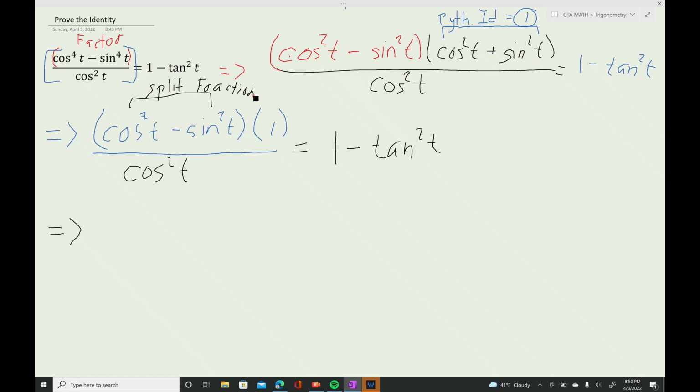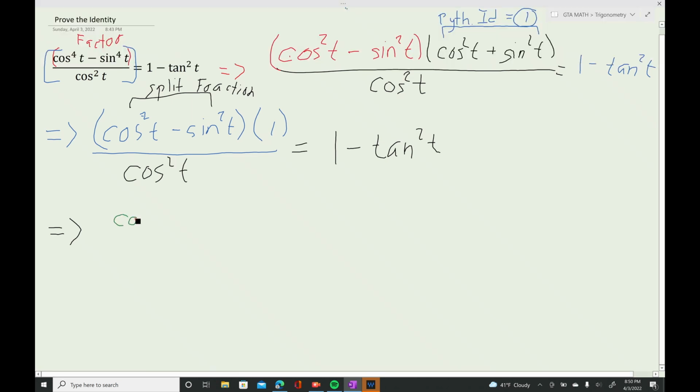So as you can see each step, I'm kind of labeling what I'm doing. At first, we factored. Then after we factored, we took the identity of what we had available, truthfully. Now we're going to split the fraction up, and I'll show you what that should look like.